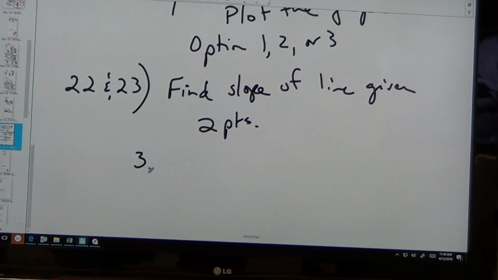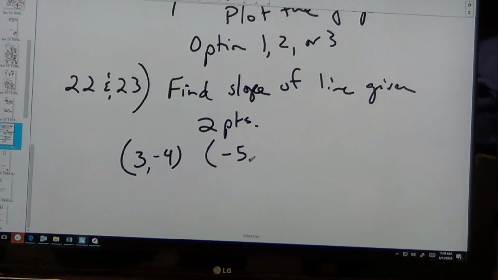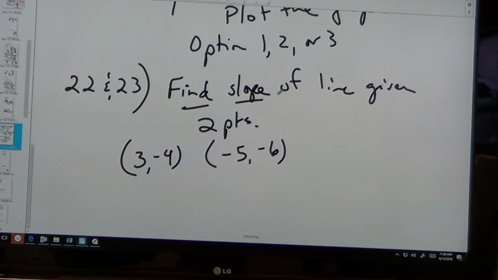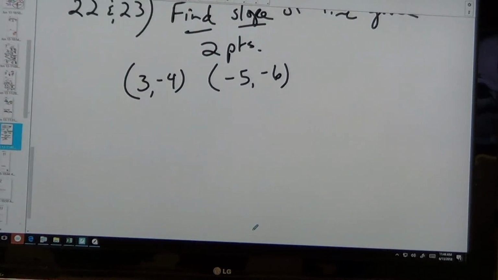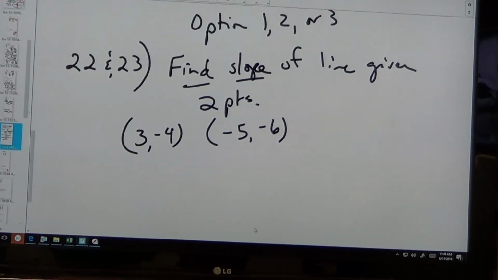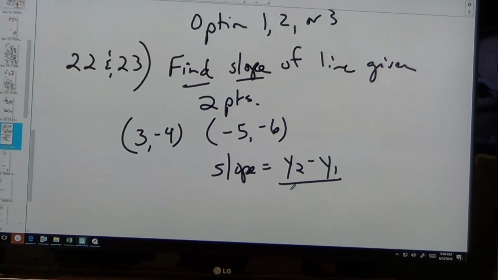So if I give you 3 and -4, and I give you -5 and -6, and I tell you to find the slope, do we remember the equation to find the slope? Yes, what is it? Slope equals y2 minus y1 over x2 minus x1. And if you don't remember that, it is on your formula sheet.